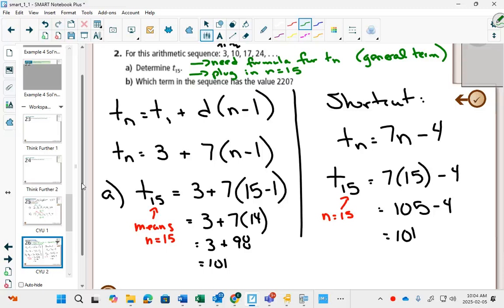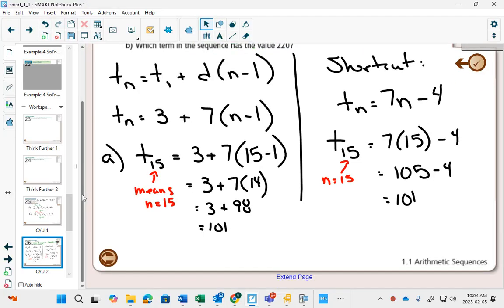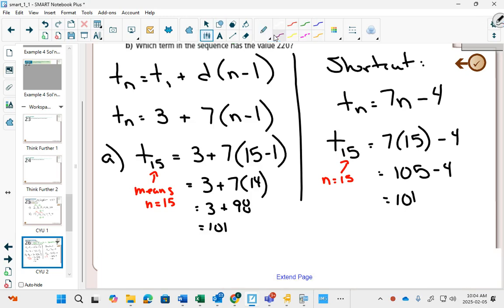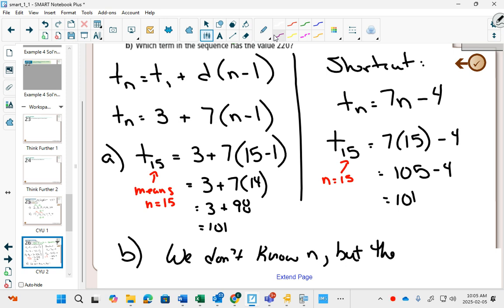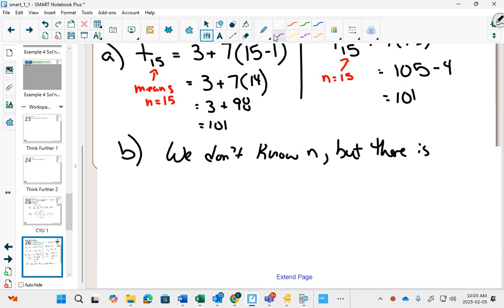Which term has a value of 220? So for part B here, you don't know which one it is, but you know it's somewhere that one of the terms is 220.